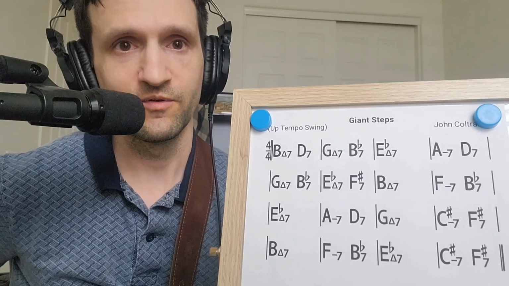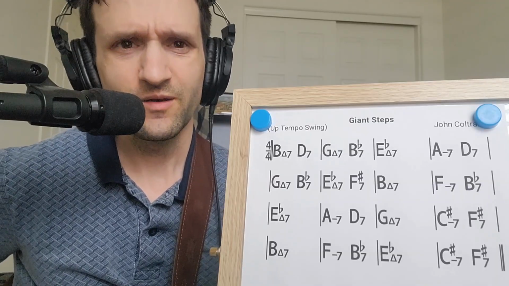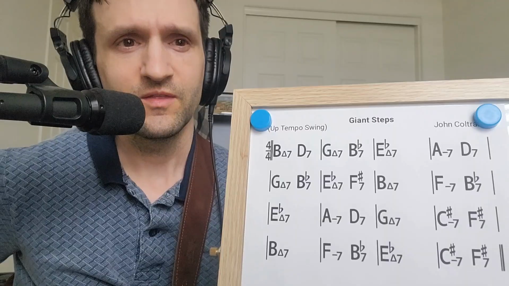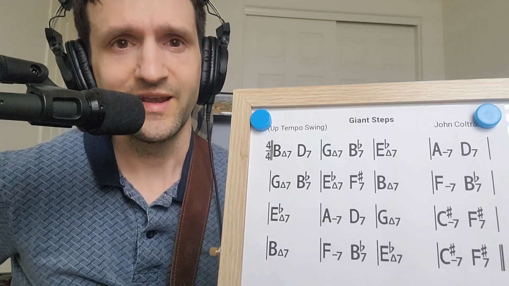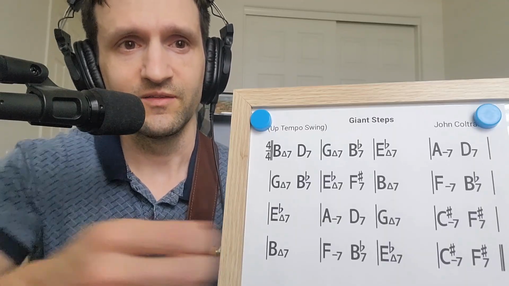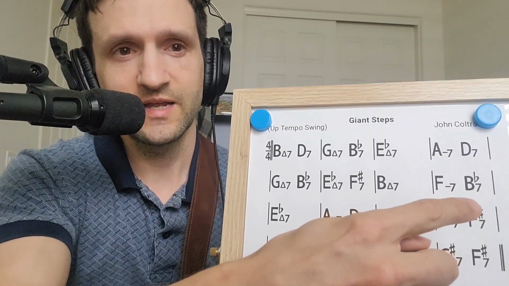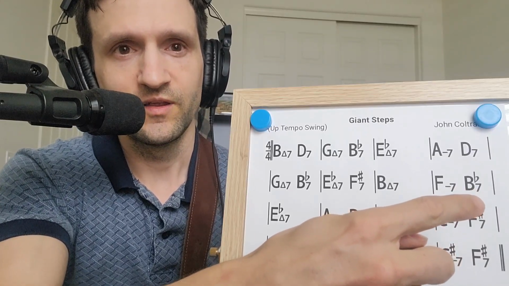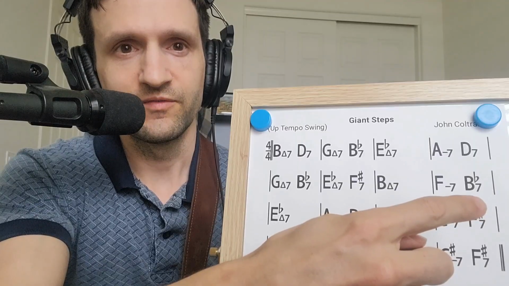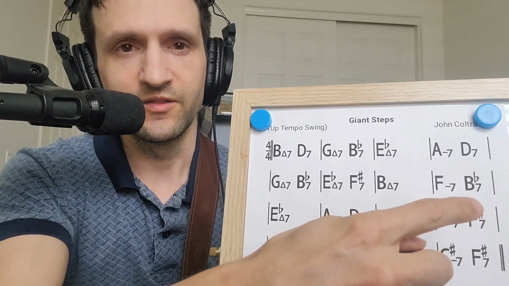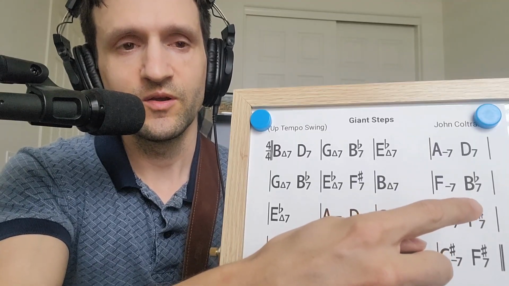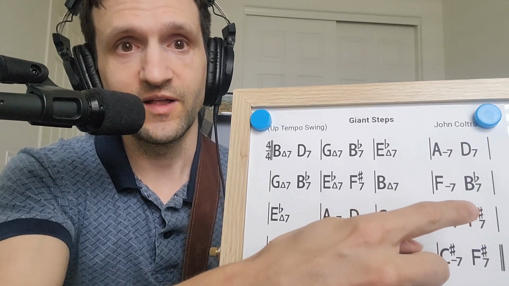1, 2, 3, 4, 5. So what am I doing there? You could think of that as being the flat 9 of the dominant 7 chord. On this 7 chord, you don't just have to think of it using the 1, 3, 5, 7, and the 9, 11, sharp 11, 13. You can put flat 13, flat 9 on there.